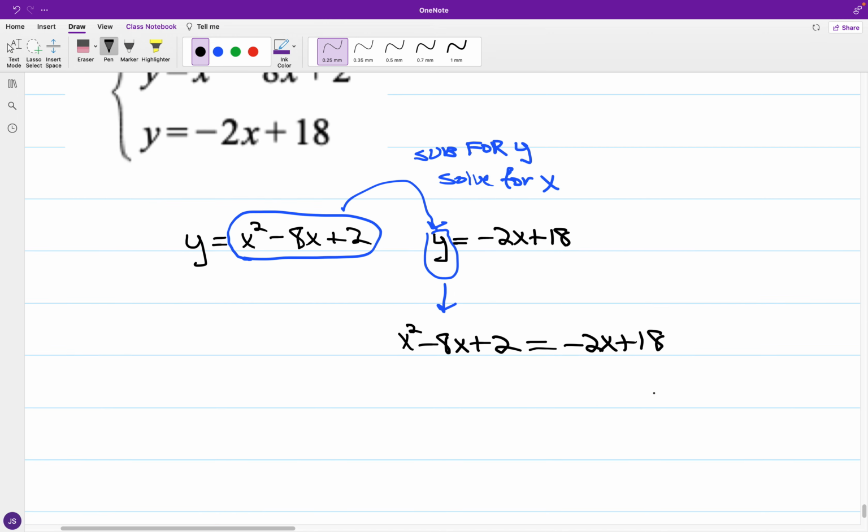And if we combine like terms, I can add 2x and deduct 18 from both sides.